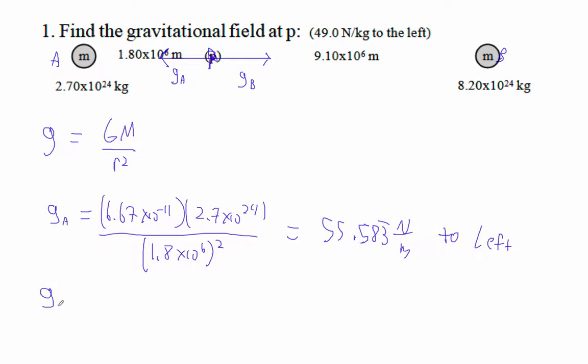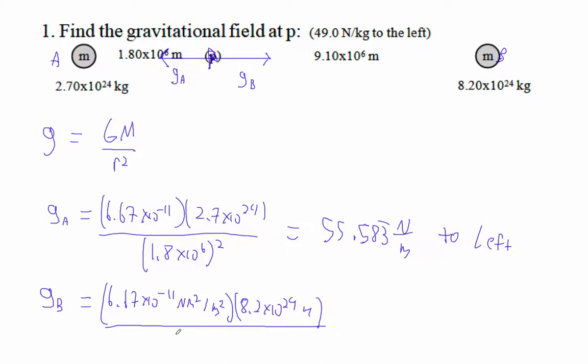And then the gravitational field of B is going to be 6.67 times 10 to the minus 11th newton meters squared per kilogram squared, right? Times B, which is 8.2 times 10 to the 24th kilograms, and then we're going to divide by this distance, which is 9.1 times 10 to the 6th, and then don't forget to square that, right? And this is meters squared. Now what happens to the units here is the meters squared go the way of the bison.